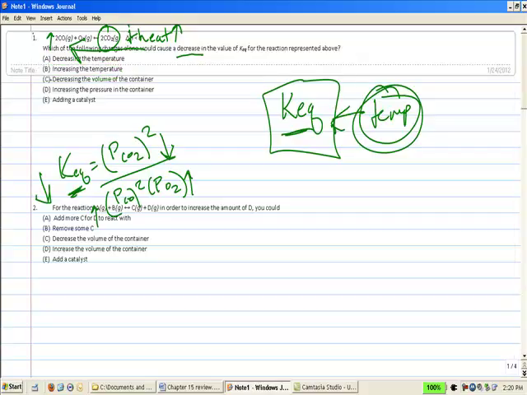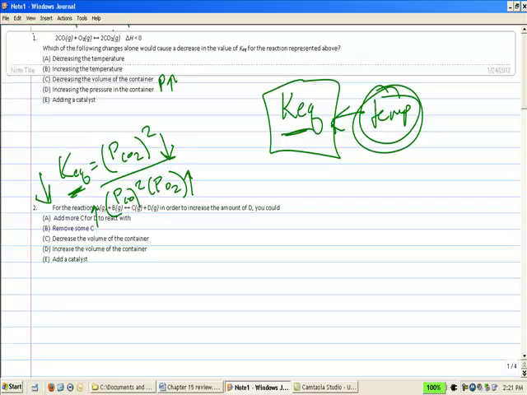Now, looking at our other choices, though, let's look at how the reaction would shift. It's just a good review of Le Chatelier's principle in general. C, if you decrease the volume of the container, what would that cause the reaction to do? Decreasing the volume is going to cause the pressure to go up. If the pressure goes up, we know that it shifts to the side that produces fewer gas molecules.